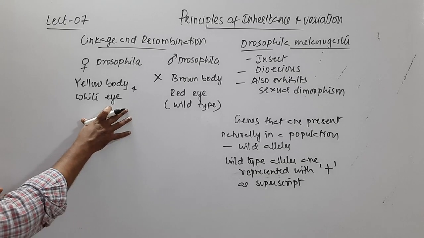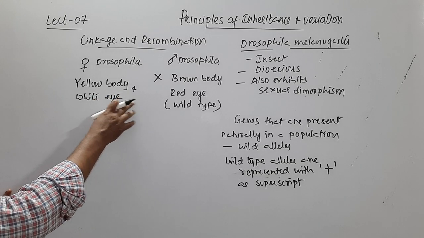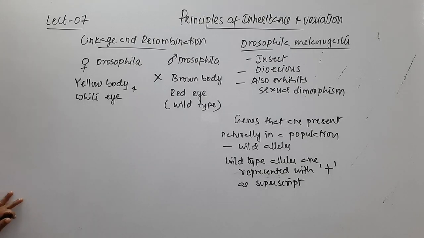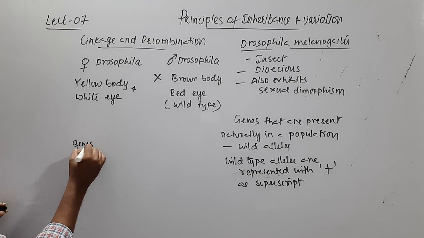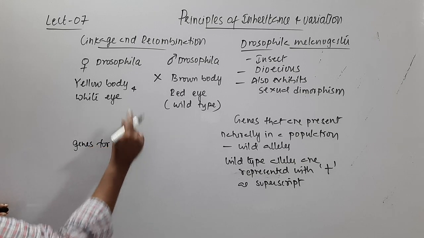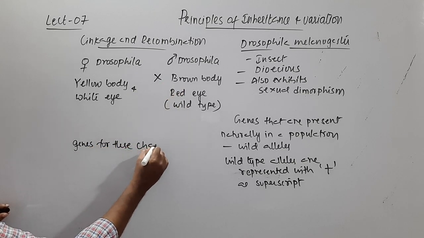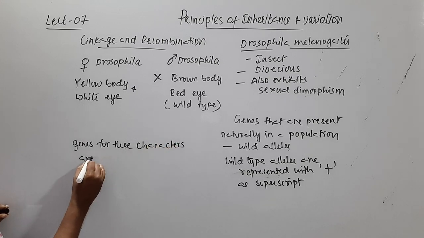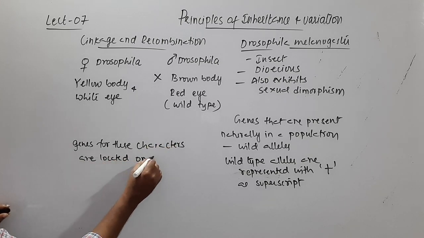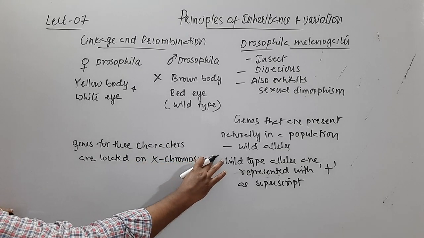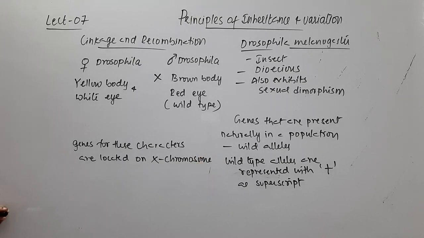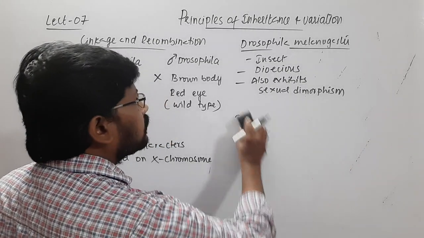He crossed the yellow body, white eye female with the brown body, red eye male, and the genes for these characters are located on the X chromosome.